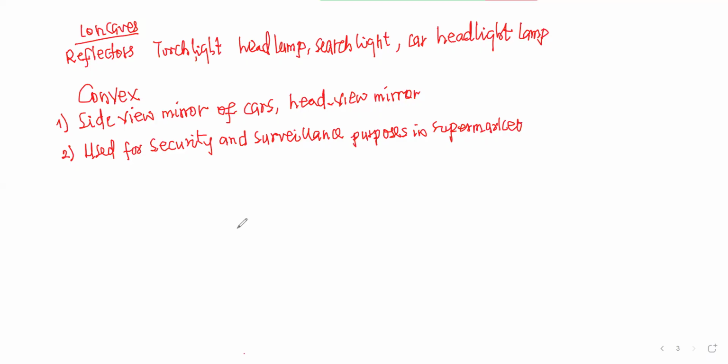Angela: Please, my network was unstable, so I didn't hear anything you said about the convex mirrors. Okay, one of it is that it is used as the side view mirror of cars and also the head view mirror of cars. The mirror used at the side of the car is actually not a plain mirror. It is curved; the reflecting surface curves outwardly.